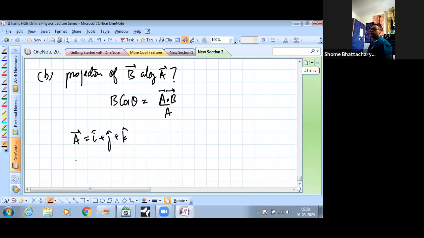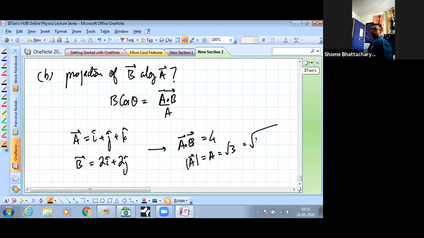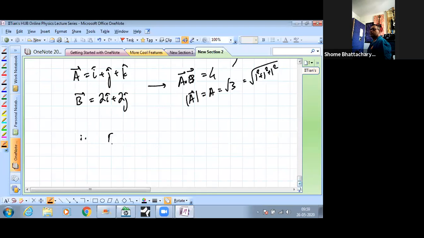But what about mod A? It's root 3. You can see it is the root of 1 square plus x square plus y square plus z square. Now substitute this here. So we'll get B cos theta is equal to 4 by root 3.